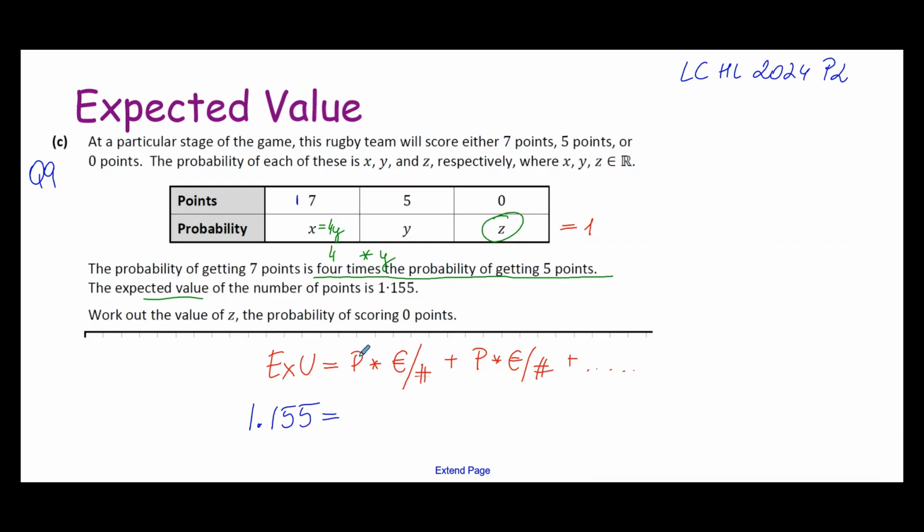They multiply the probability of 7 points, which is 4y, by the number associated with that probability, which is 7, plus the next one: the probability of getting 5 points, y, multiplied by the number 5, plus the probability here, z, multiplied by the number 0.